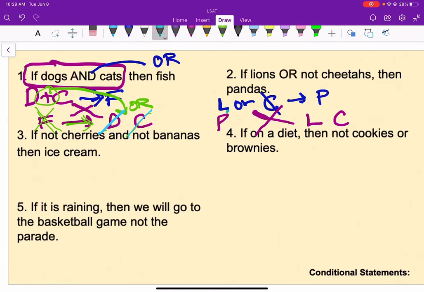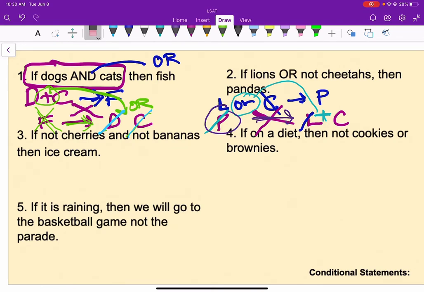So we're going to negate the P. And then what do you think we're going to do to this "or"? Our "or" is going to become an "and." And then I have to flip my letters. So L is going to become not L, and then not C is going to become C. And so this is now saying that if I'm not a panda, then I am not a lion and I'm a cheetah.